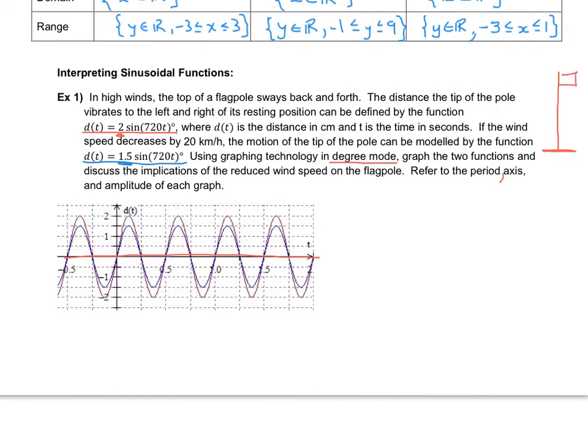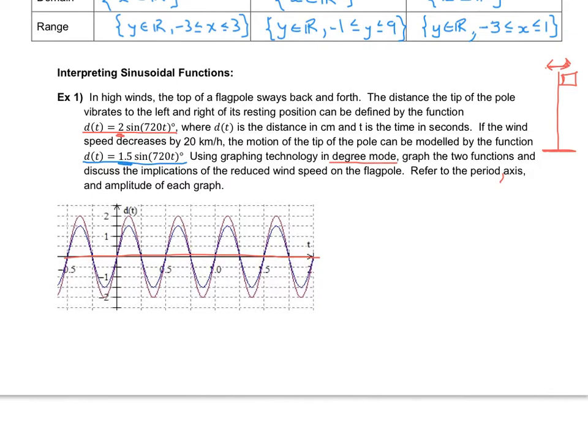So here's my little flag coming off of that flagpole. However, when you have the wind, it's going to make this oscillate back and forth. And usually when we go to the left, that's a negative value, and when we go to the right, that's a positive value if you think of your x-axis.